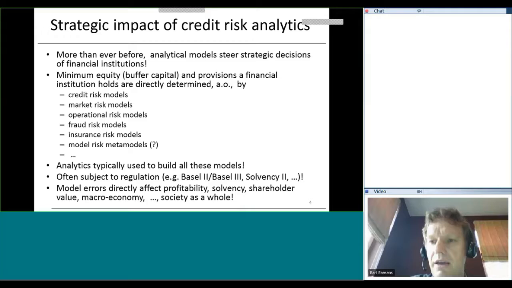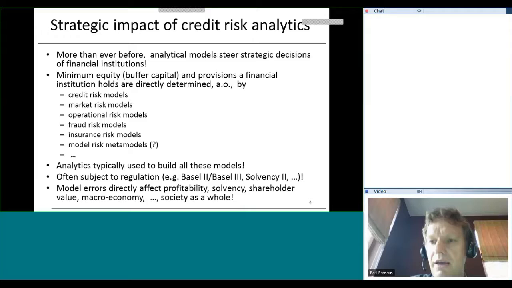In essence, these Basel Accords are purely analytical models. They specify the inputs of an analytical model and they specify the output of an analytical model. They also provide well-defined guidelines about how the analytical model should be built. What are the characteristics of the analytical model?